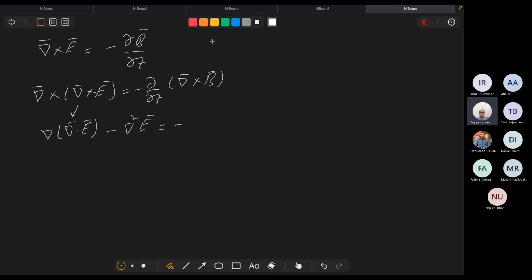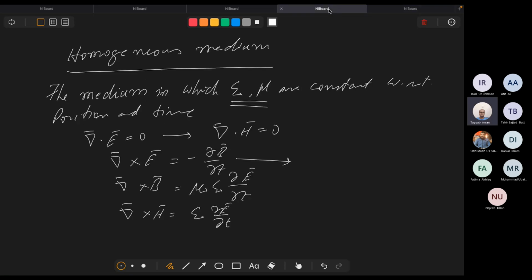Okay, curly over curly t, and this one is equal to, if you go back and see, this one is equal to this one, okay.